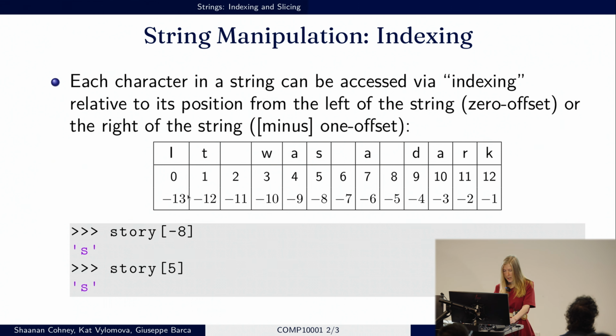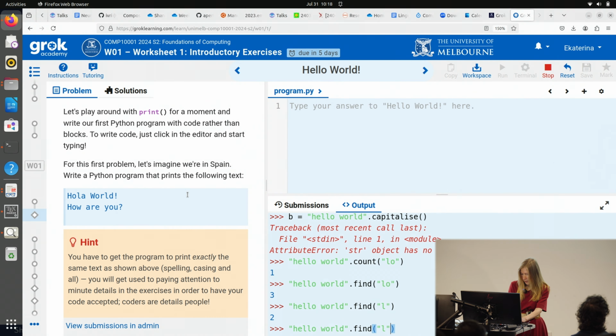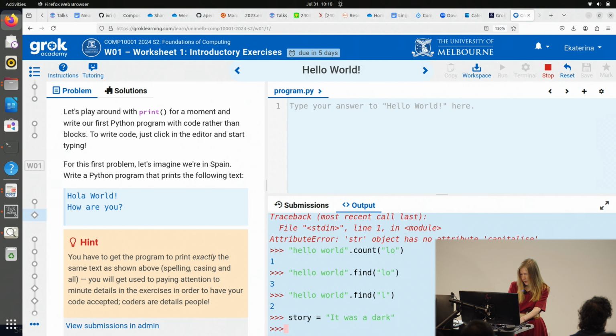So now let's switch to Colab and create the variable story and assign it the string "it was dark". So we have it as story. Now, what do you think will happen if I ask for story at index 2?